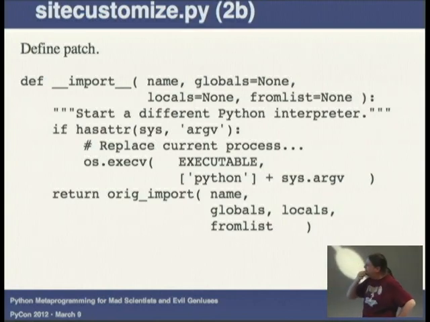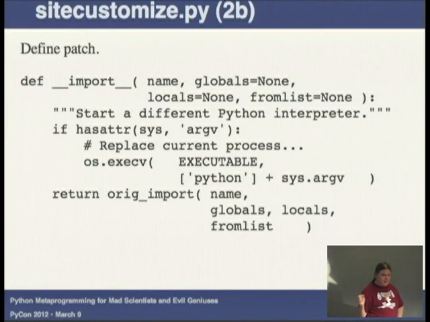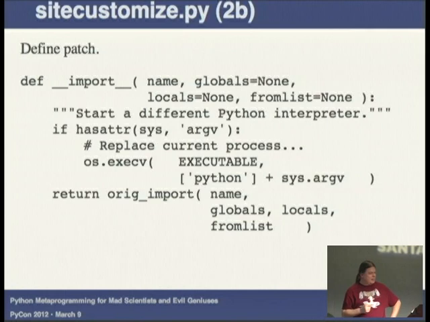The body of the patch, you see I am checking sys.argv, and what I'm looking for is the executable: is it what I want it to be? Now, there's a problem with this, and you notice I've got this if hasattr(sys, 'argv').